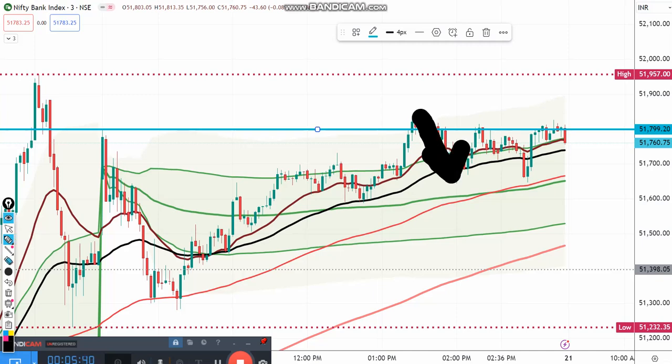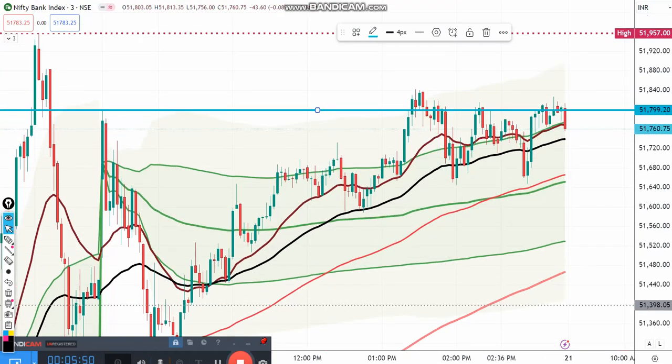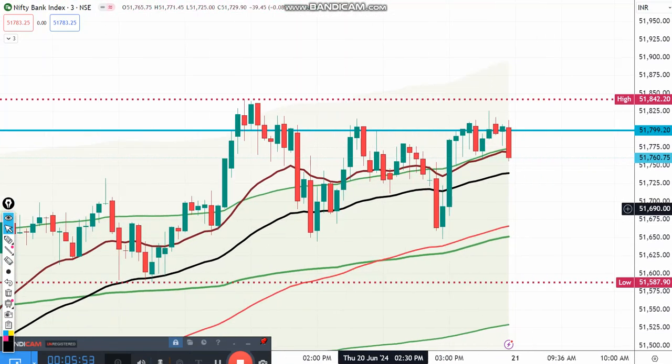Market again came back. So the market came back after reaching this point.